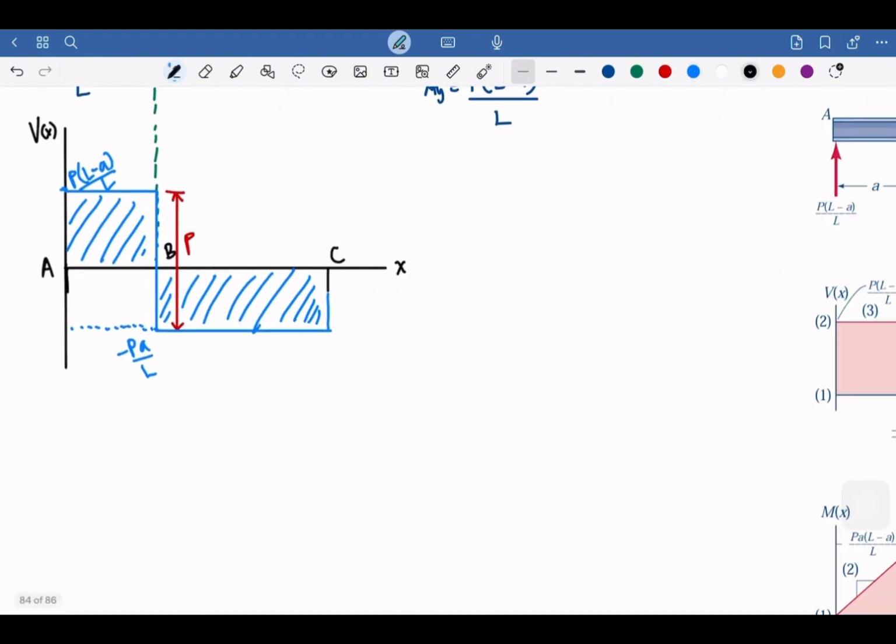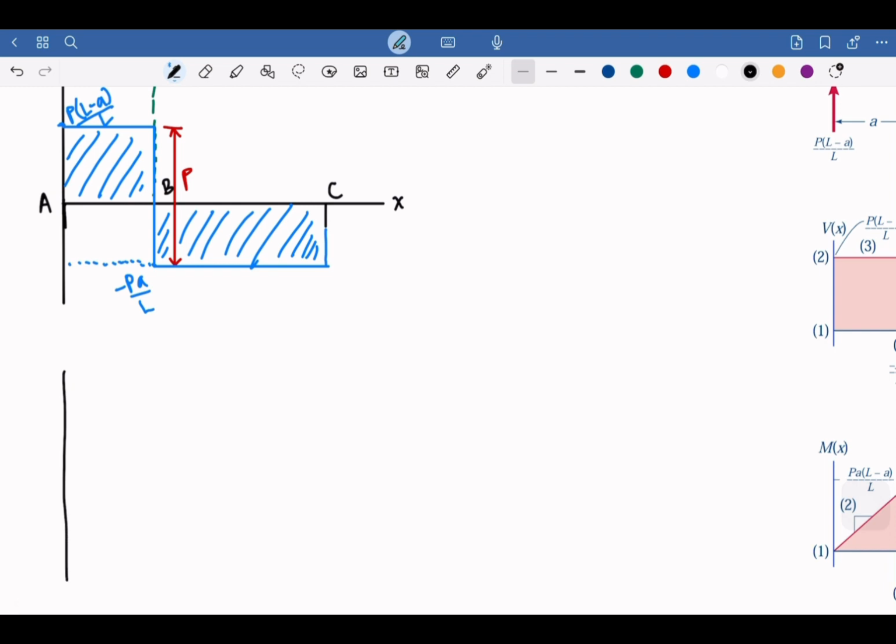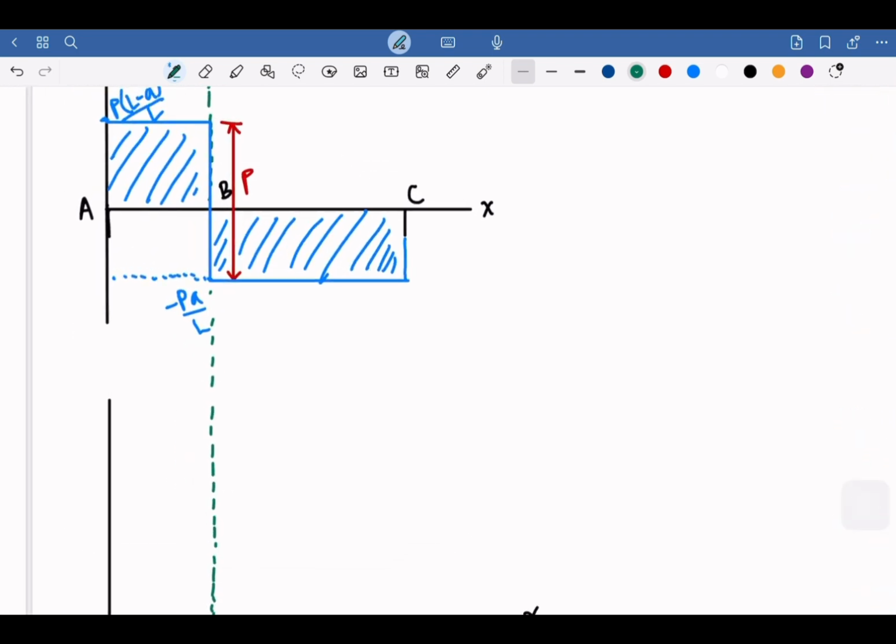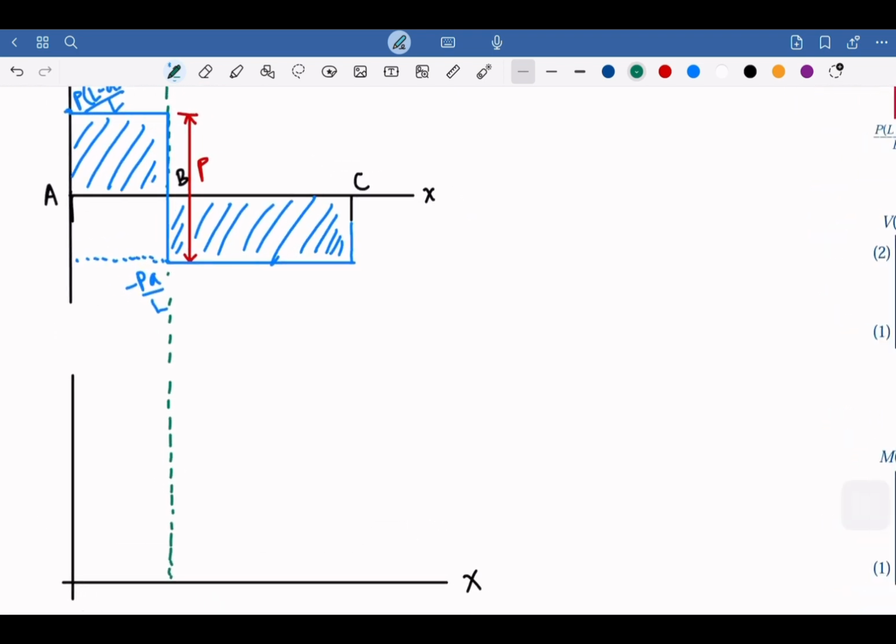So we are going to write another axis with the same alignment with all the points. Suppose that this is the concentrated load over here. Now, how to move from V to M? We have positive V here and negative V here, which translates to a slope that is positive and a slope that is negative.